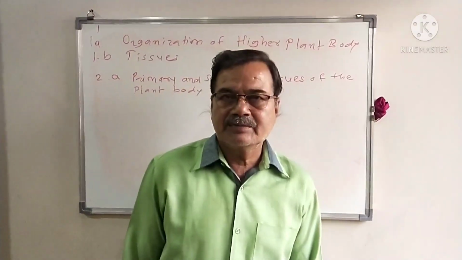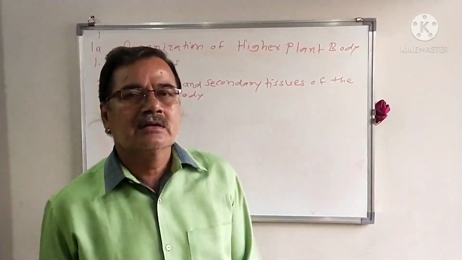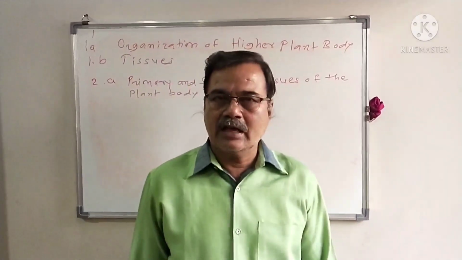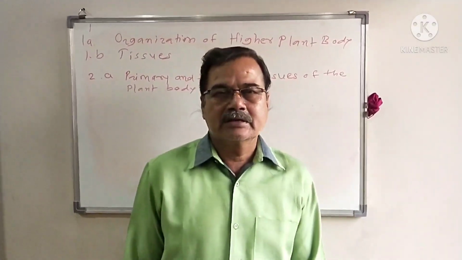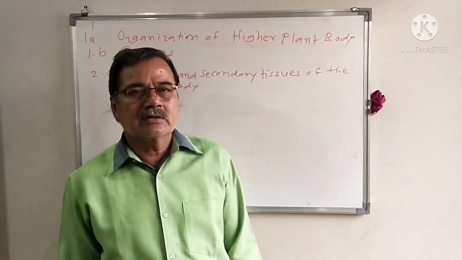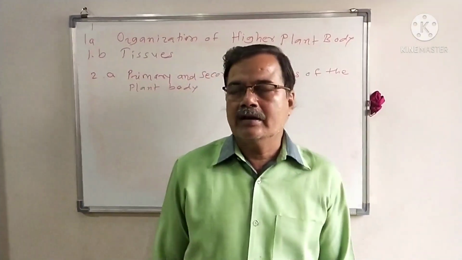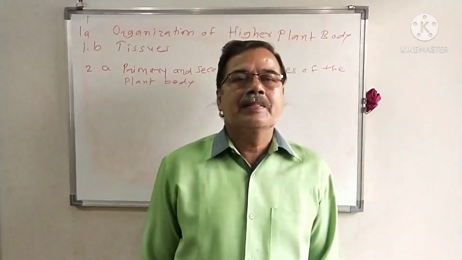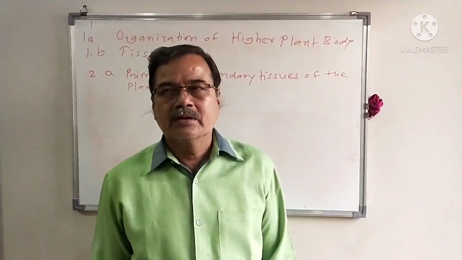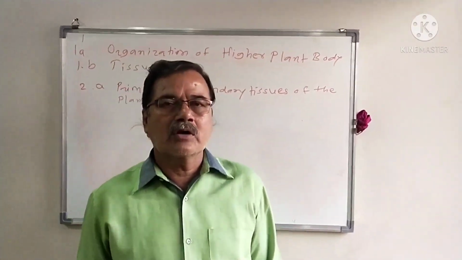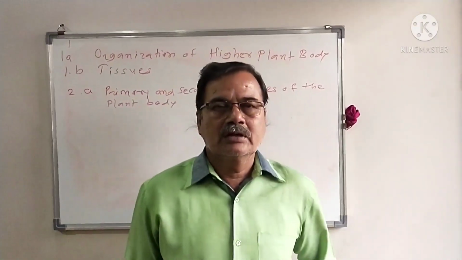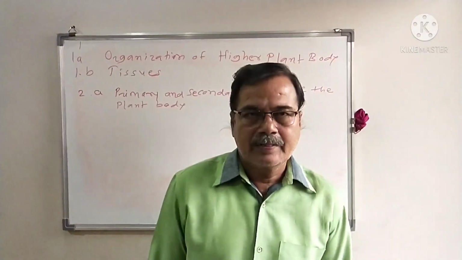When the lateral meristem gives secondary tissues which are abnormal, they are known as anomalous secondary growth. Normal secondary growth takes place in dicot root and stem only. Monocot root and monocot stem do not show secondary growth.